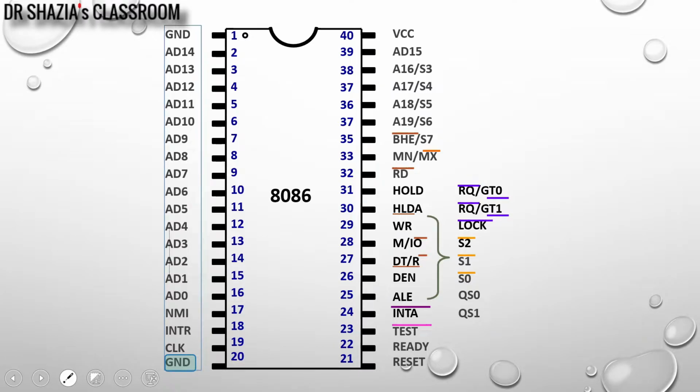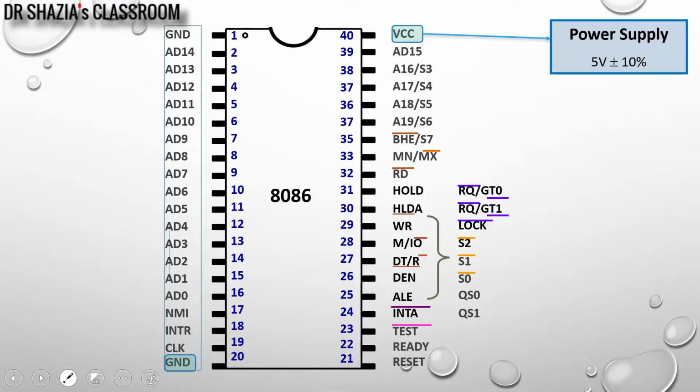As we can see here, the 8086 is a 40-pin DIP IC, where DIP stands for Dual Inline Package. The first few pins which we are going to look at are very important for the 8086 to operate and perform its basic functionality. The first pin is the VCC pin.